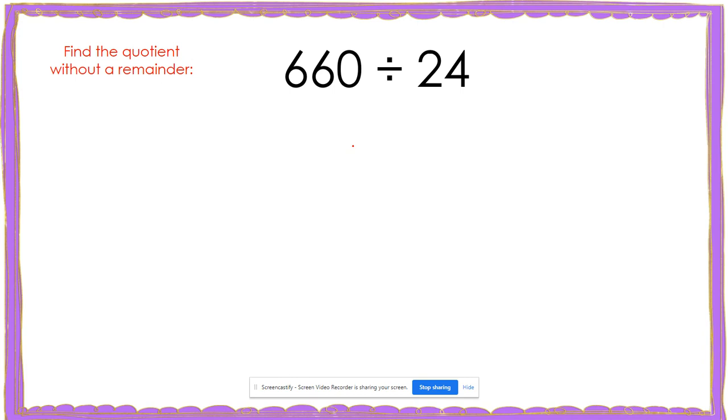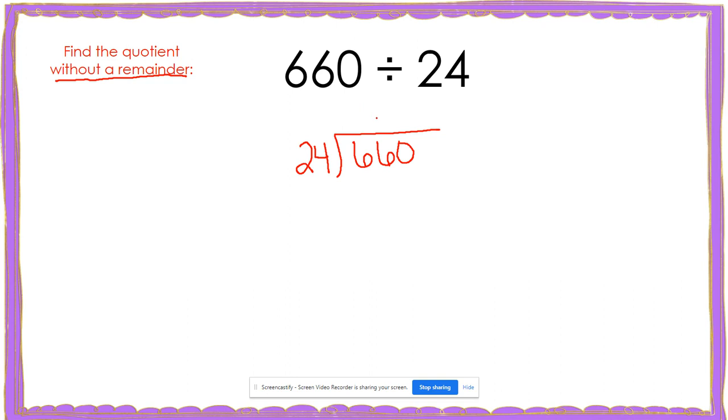For this problem, 660 divided by 24, I'm going to start with my dividend of 660 and divide by my divisor of 24. If I look in my directions, this says find the quotient without a remainder. So if this has a remainder, we're going to have to do something a little bit special. I know that I can't divide 6 by 24, so I'm going to move over to 66.